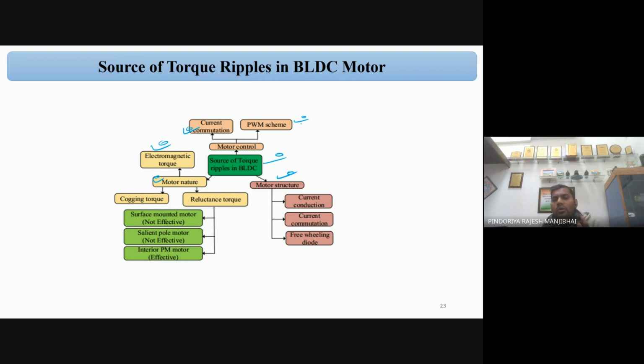Because we have to control the speed, we have to control the voltage, correct? And voltage is directly proportional to the speed, correct? And we have to control the voltage by PWM, and PWM is nothing but power electronics.